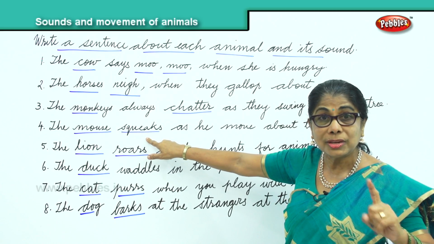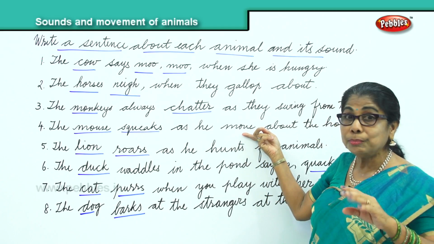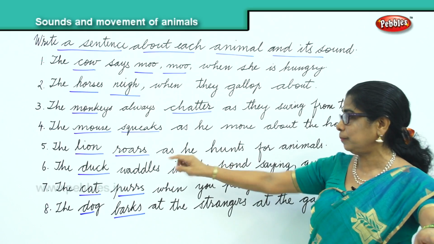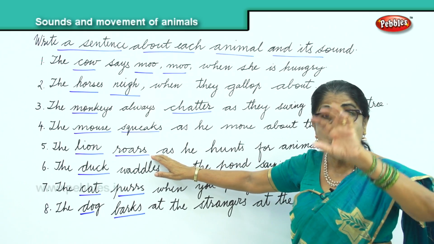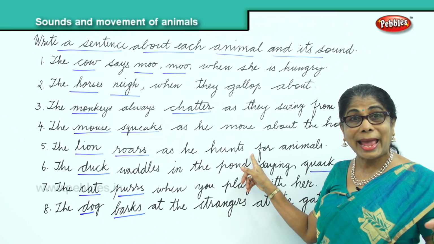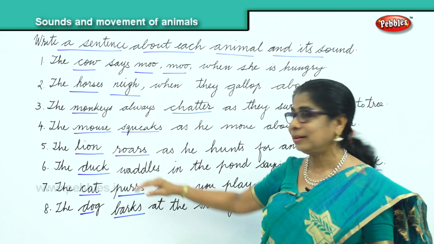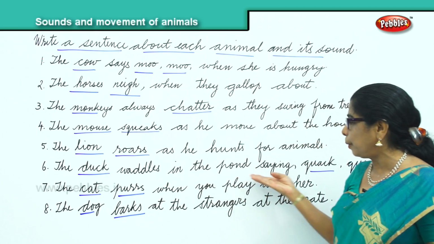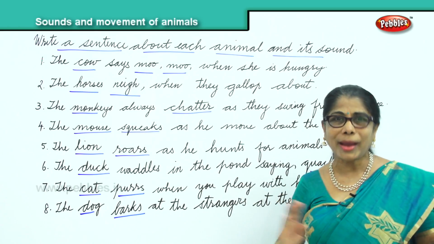The mouse squeaks as he moves about the house. The lion roars as he hunts for animals. The duck waddles in the pond saying quack, quack, quack.